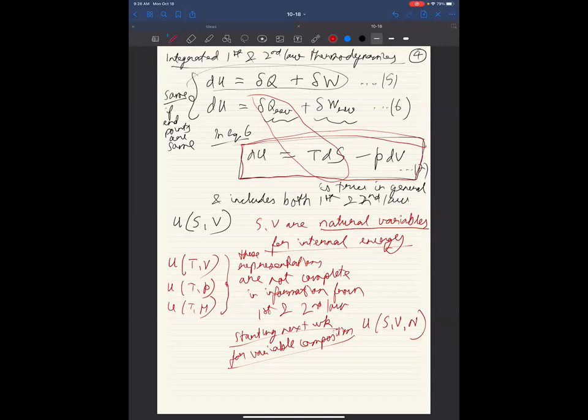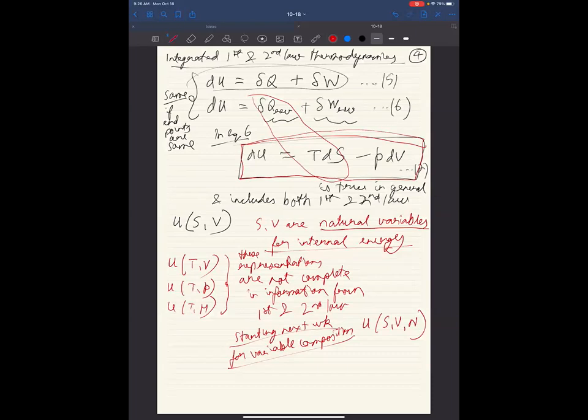And if you are only thinking about pressure volume work, delta W reversible becomes minus PdV, and it's a reversible heat change, so this becomes TdS. And this equation is super easy to derive. That's also another reason why I like it. If you forget this equation, that's okay.